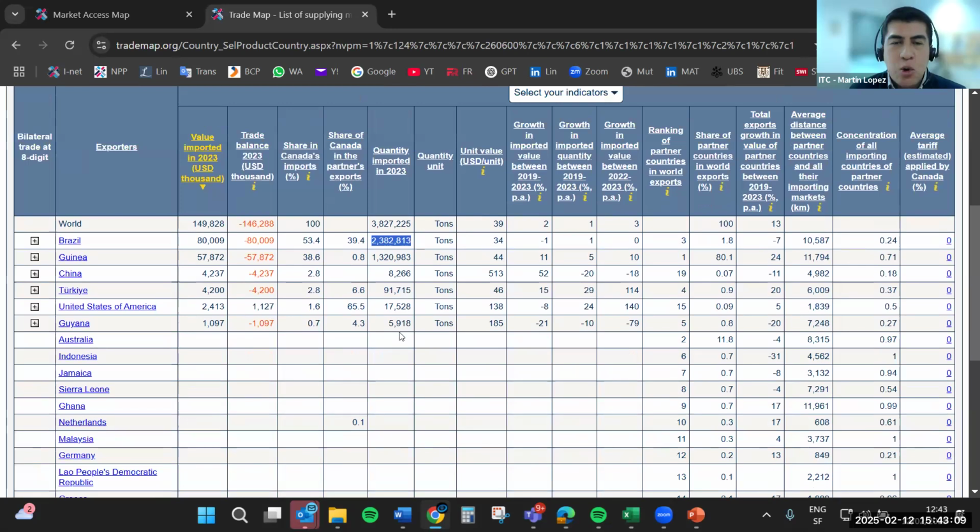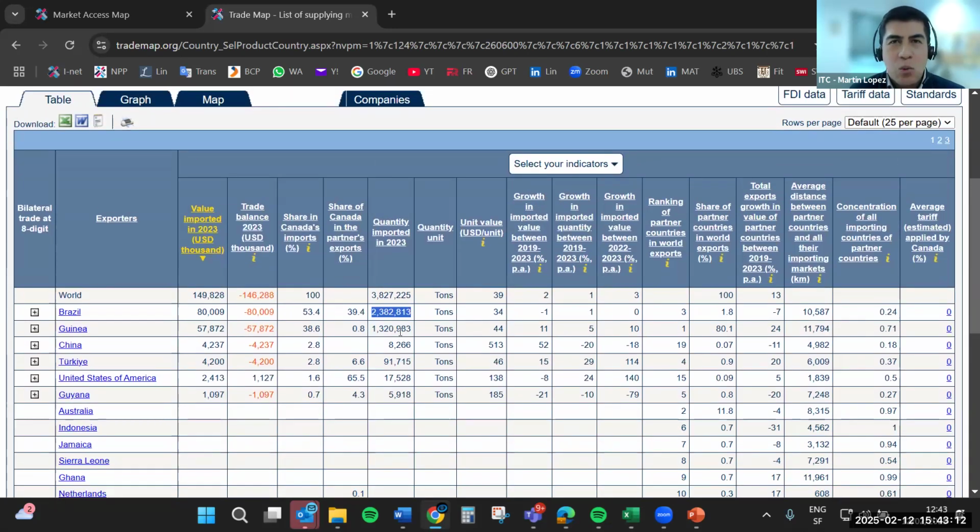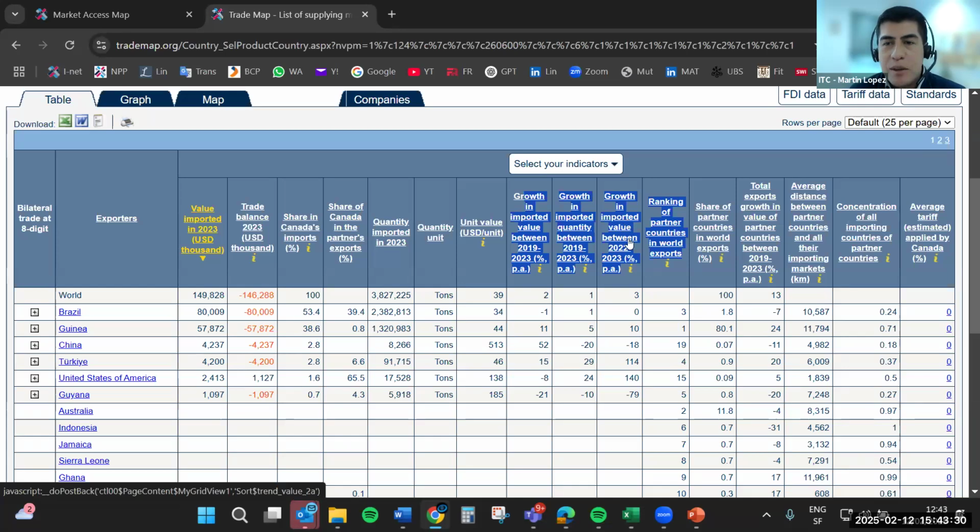So this is how you can even look at what your competitors are doing and how they are behaving, because as you can see in these columns, you can have the growth in imported value between these last 5 years, 2019 to 2023, the growth in quantity, and the growth in imported value for a more recent view in 2022 and 2023.